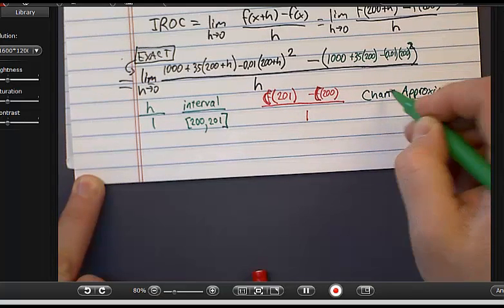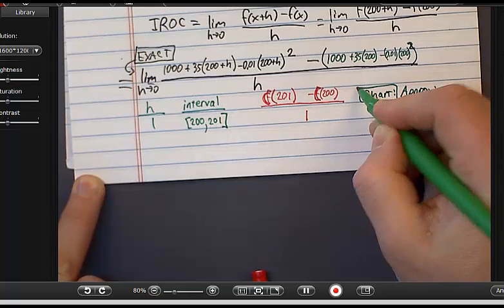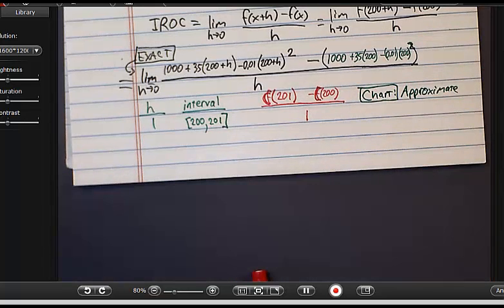Now, is approximate value good enough for you guys? Maybe it is, right? How exact do I really want to be? That's going to vary from person to person, from application to application. But I want you to understand both. I'm going to do the approximate value that we were working on, and then on the next page, I'm going to show you how we do the exact value. It'll be worth our time.